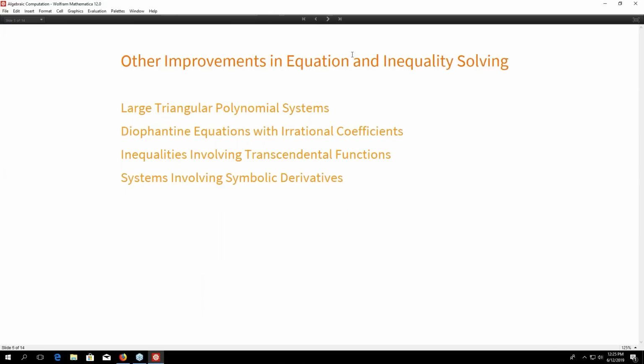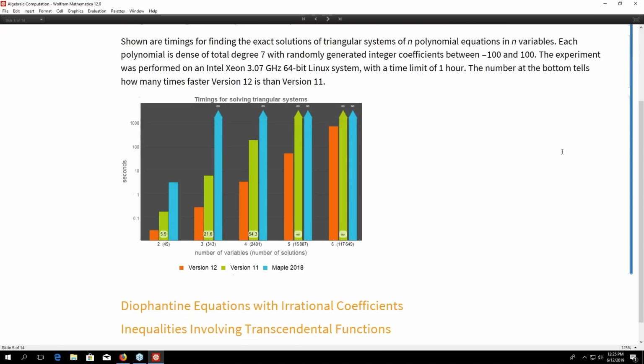Okay, here are other improvements in equation inequality solving. So we have added a new algorithm for solving large triangular polynomial systems. So here is a timing comparison. It's on a logarithmic scale. So you can see version 12 is 5.9 times faster for problems with 2 variables.